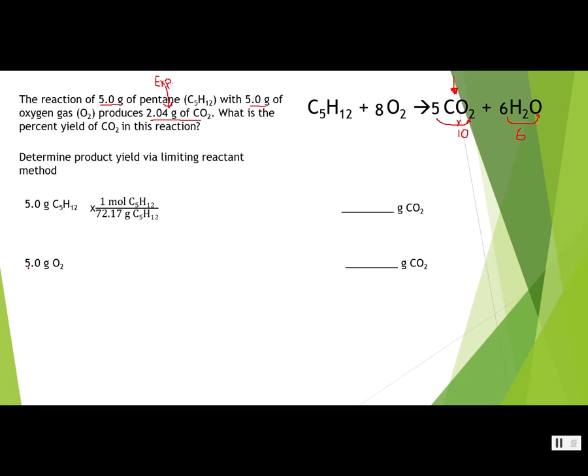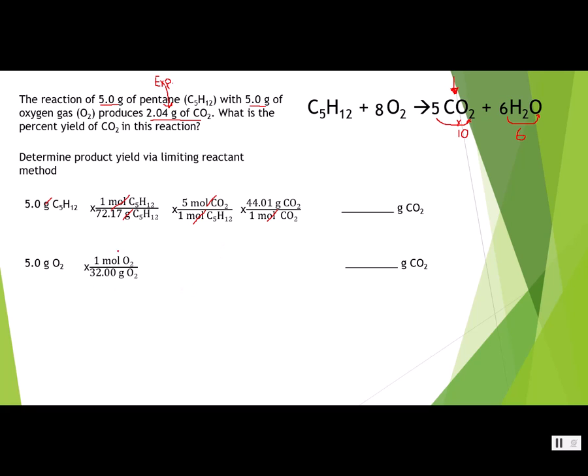So for the pentane, I change my grams of pentane into moles of pentane using its molar mass. Then use the coefficients of the balanced chemical equation. For every 1 mole of pentane, I have 5 moles of CO2. And then last but not least, go from moles of carbon dioxide to grams of carbon dioxide using the molar mass.